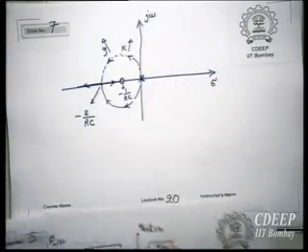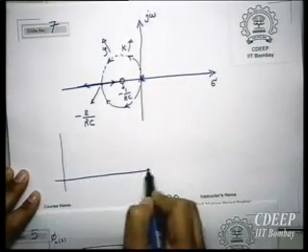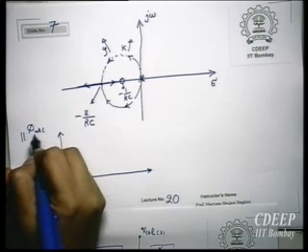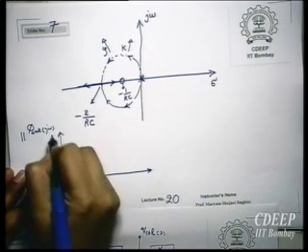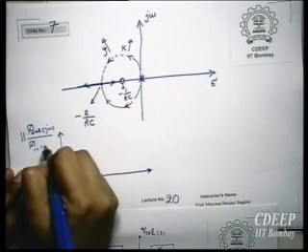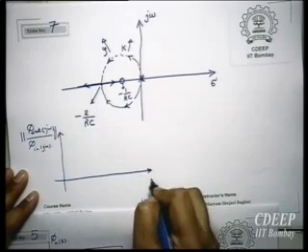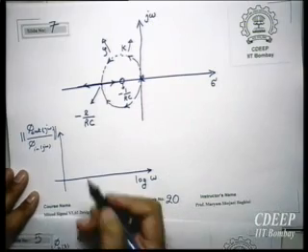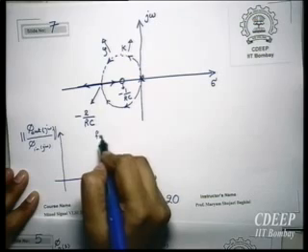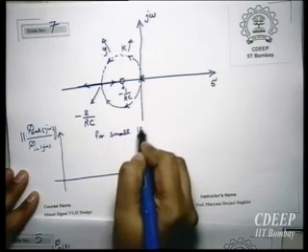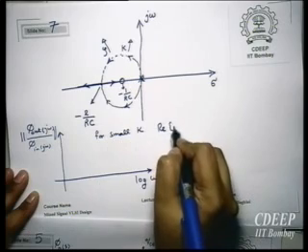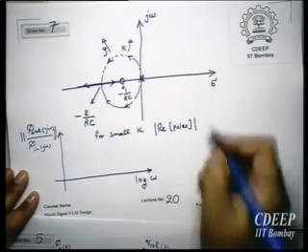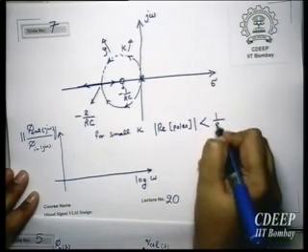Therefore, if I plot the transfer function, this is for small K. For a small K, the absolute value of the real part of the poles will be less than 1 upon RC.